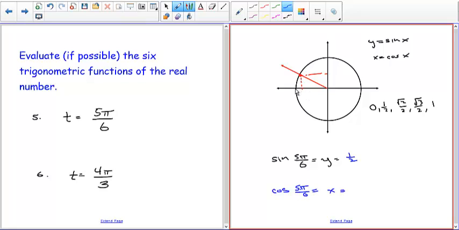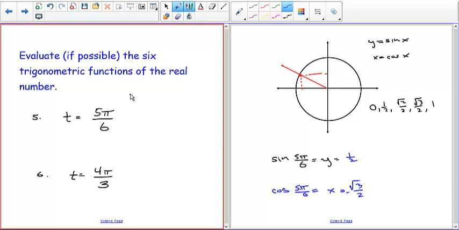And you can see the x-coordinate is close to 1, so it's this square root of 3 over 2, except it's on the negative x-axis, so it's going to be negative. So we can say that the sine of 5 pi over 6 is equal to 1/2. The cosine of 5 pi over 6 is equal to negative the square root of 3 over 2.